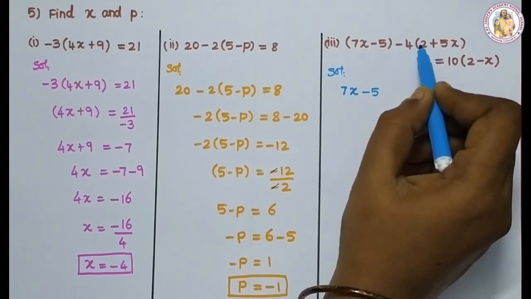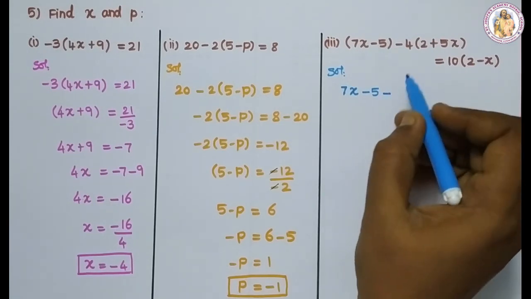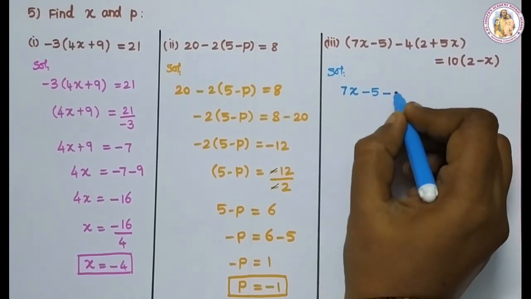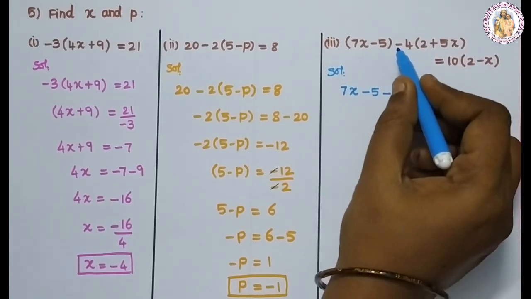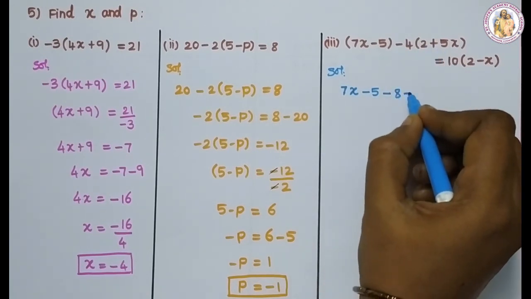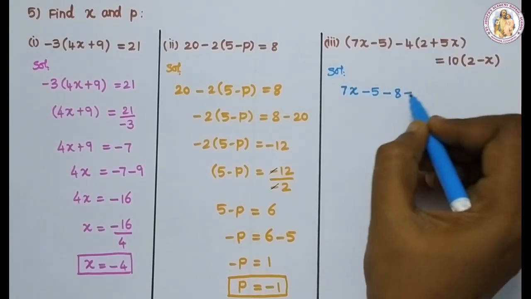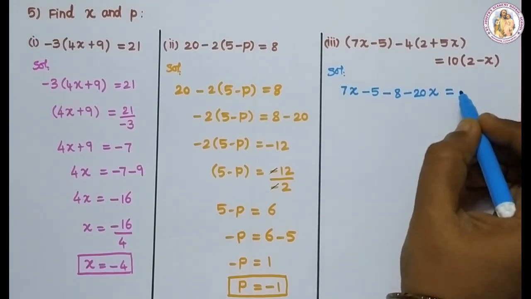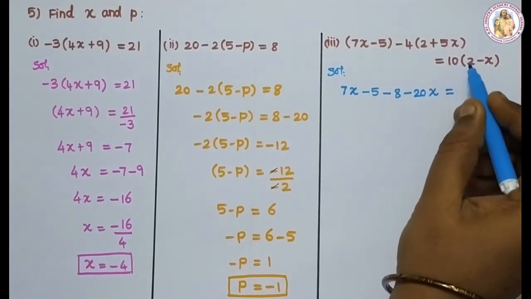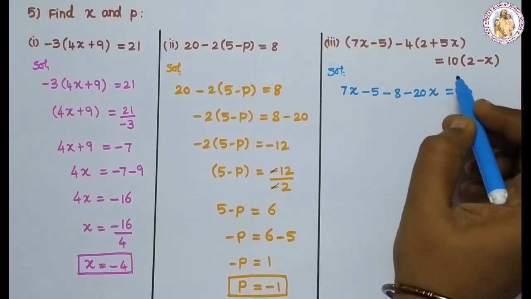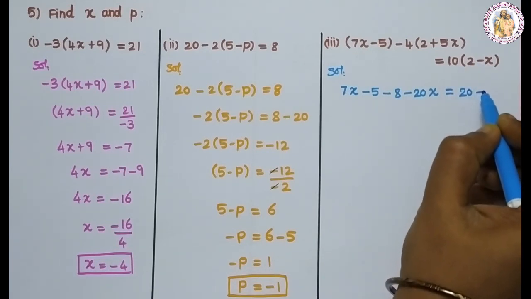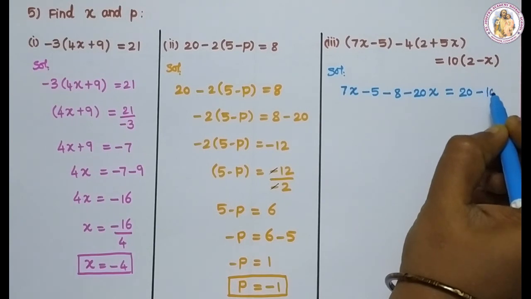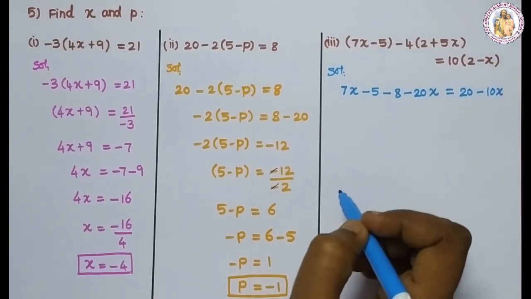Minus into plus, minus 4 2s are 8, and minus into plus, minus 4 5s are 20x, equal to 10 into 2, 20, plus into minus, minus 10x, 10 into x, 10x.